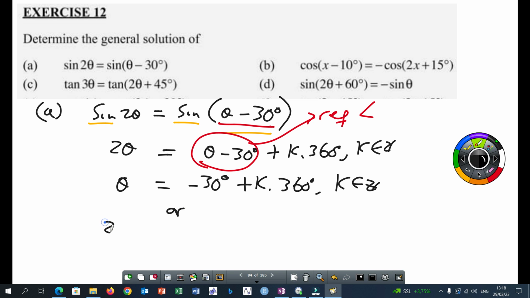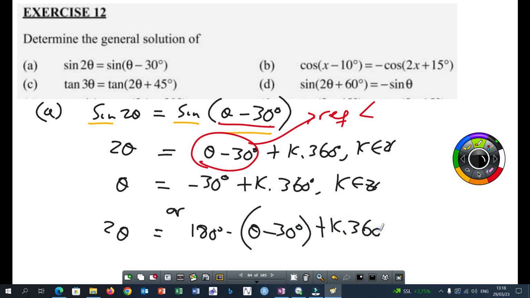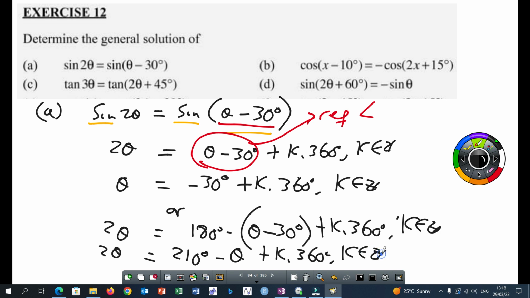So you end up having 2 theta is equal to 180 degrees minus theta minus 30 degrees plus k times 360, where k is an integer. Then from here, we'll get 2 theta equal to 150, okay, that will be 210 minus theta plus k times 360, where k is an integer.